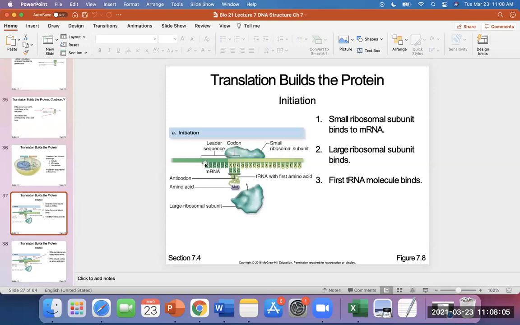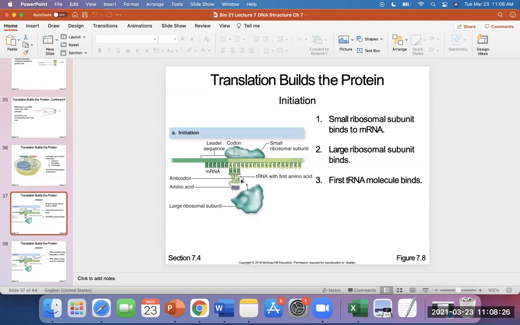So here is your mRNA, and this is your ribosomal RNA. It's happening inside this. And this is your tRNA bringing the amino acid with the anticodon. You find the codons on the mature mRNA molecule. You find anticodons on the tRNA molecule.